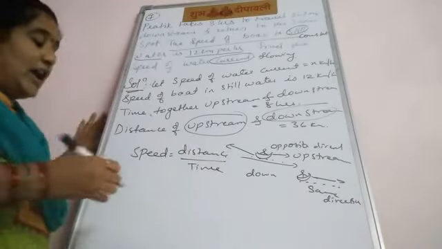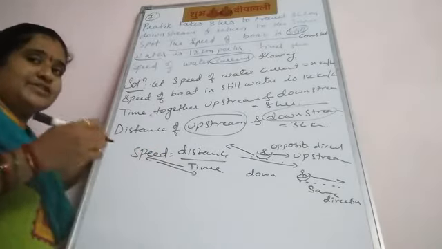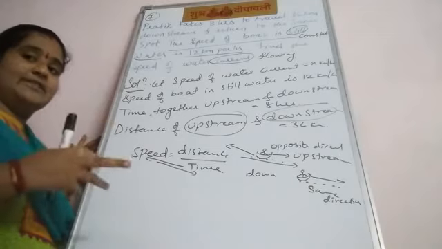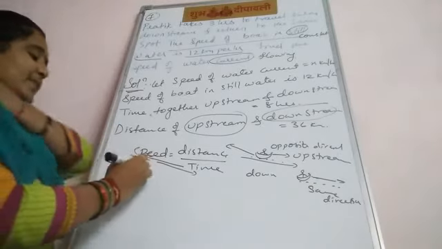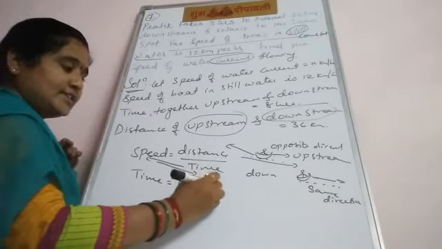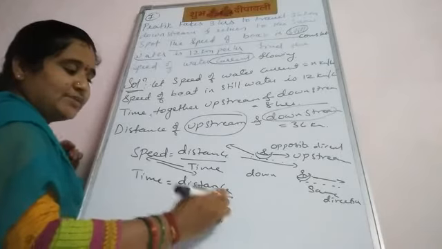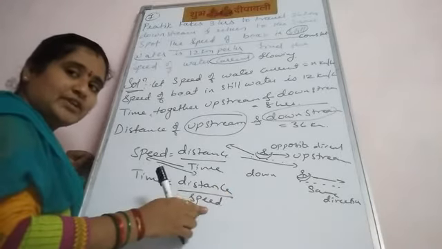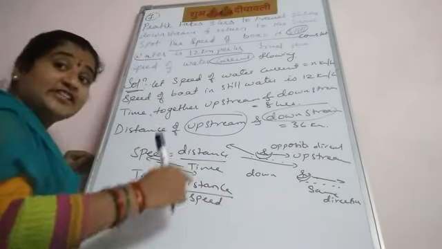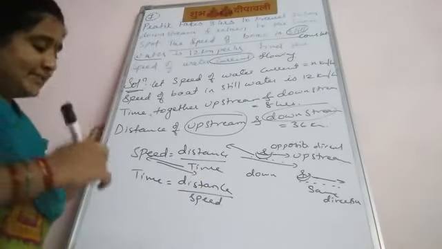I cross multiply the time and send the speed here, because time is together 8 hours for upstream and downstream. Time equals distance upon speed. Speed means what? Speed of the boat in still water and speed of the current water.